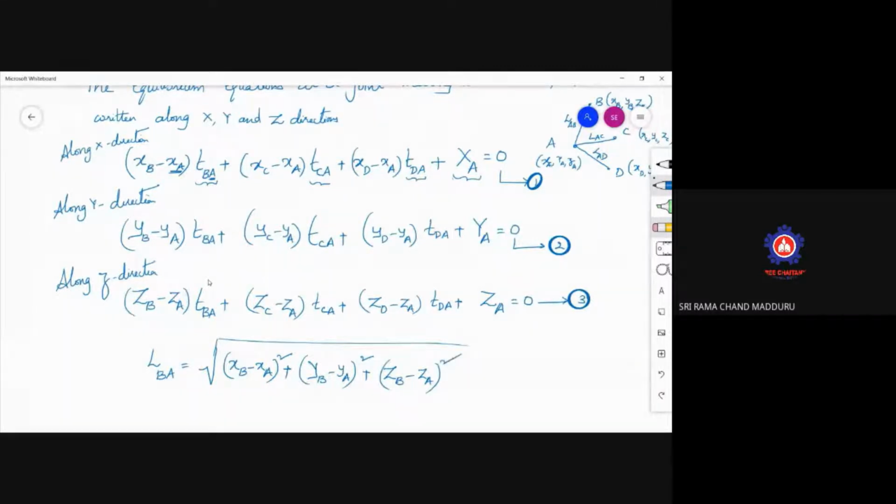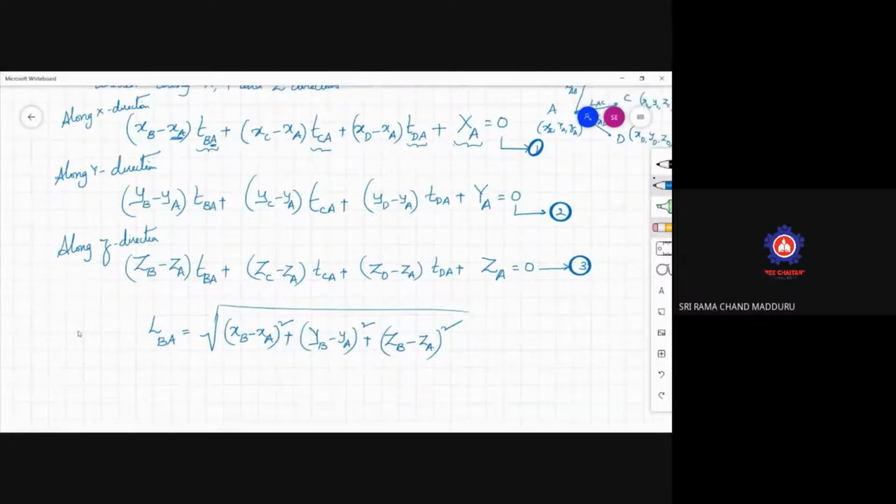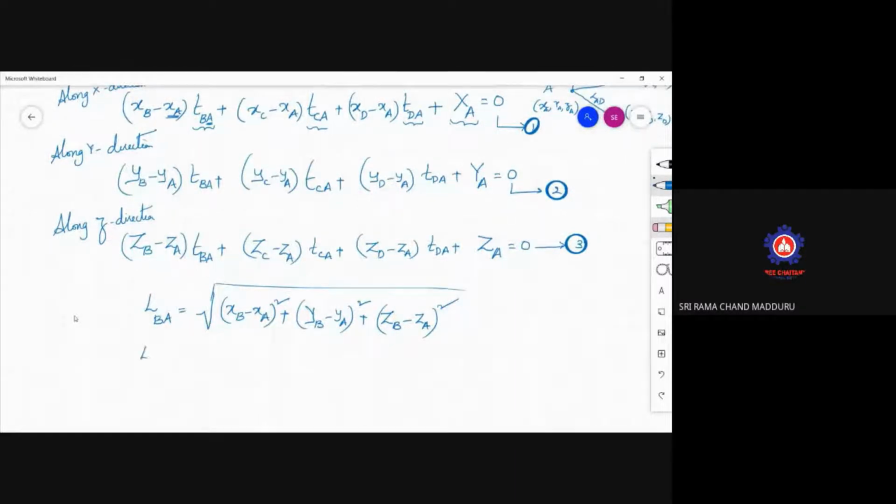This is a simple equation where you will get the length of the member in 3 dimensions. That is LBA. Similarly, you can also get LCA, that is square root of XC minus XA whole square plus YC minus YA whole square plus ZC minus ZA whole square.